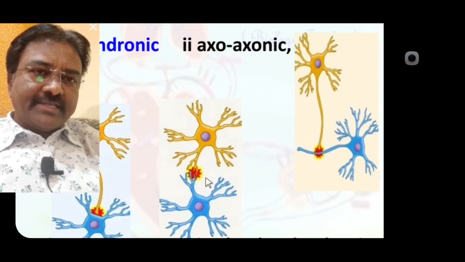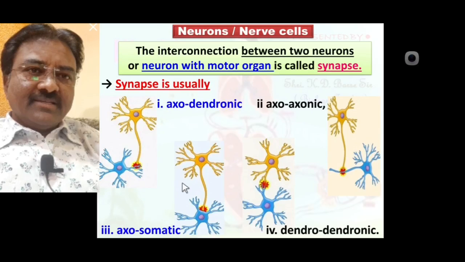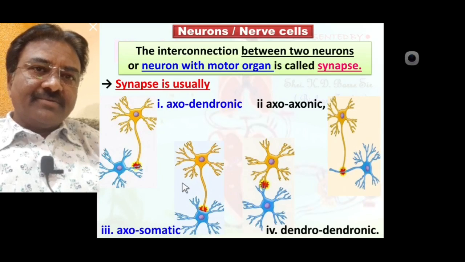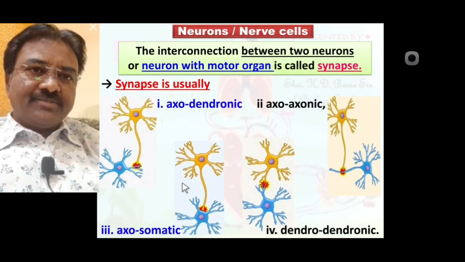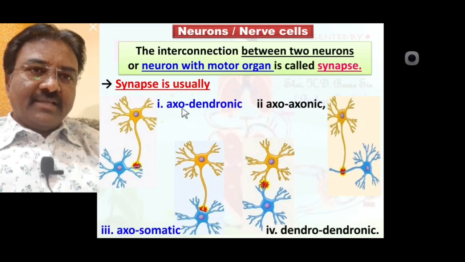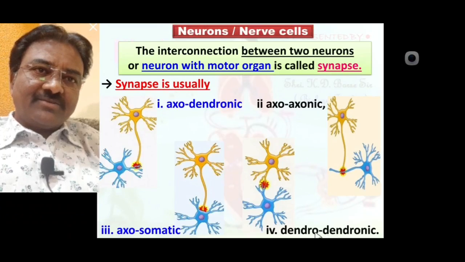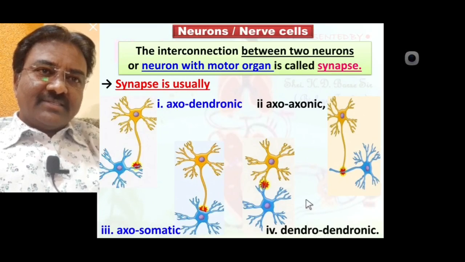In between them a synapse called as dendrodendronic synapse, means interconnection between two neurons called as synapse. Usually four different types noted here: exodendronic, exoaxonic, exosomatic, dendrodendronic. Hope that you understood everything. Synapse and its different types.